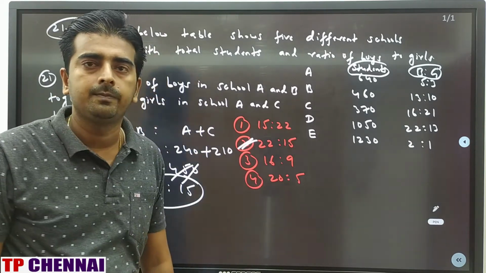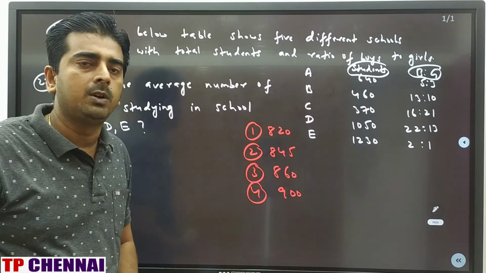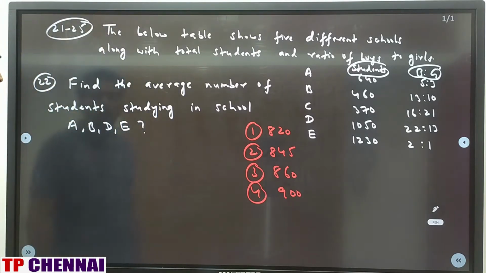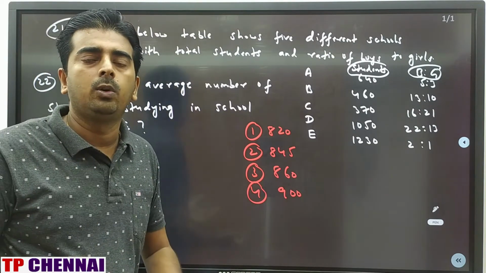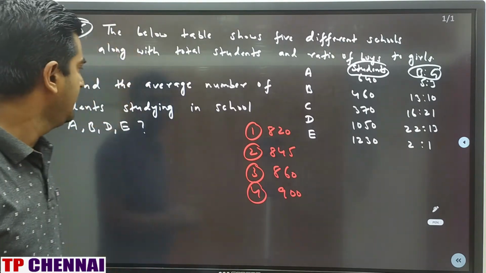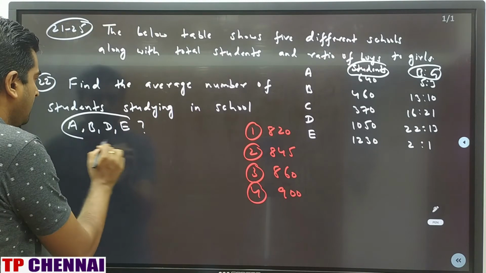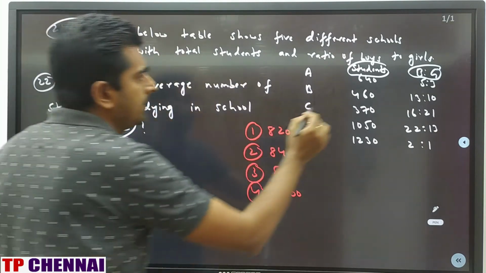Second option. So now we will see question number 22. Find the average number of students studying in school A, B, D, E. Average is nothing but total divided by number, right? A, B, D, E. Add all the values in your mind itself.